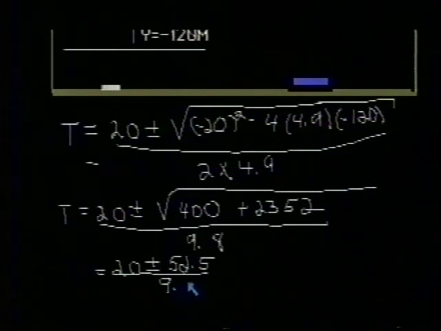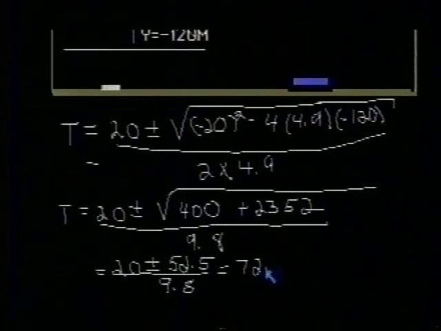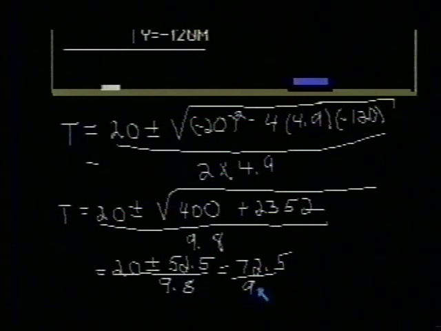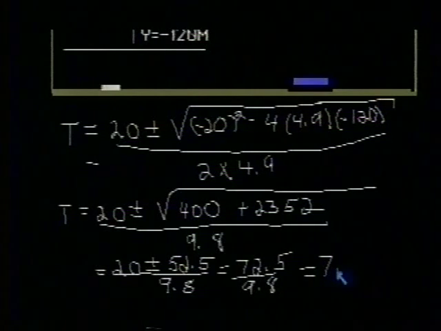And if I take the plus 52.5, this then is 72.5 divided by 9.8, and that gives me about 7.39 seconds rounded to 3 places.